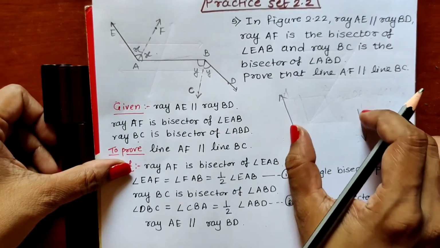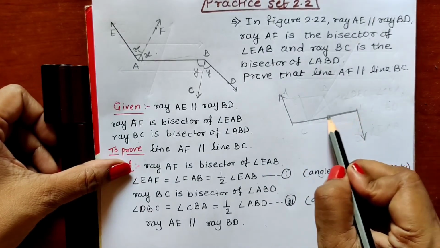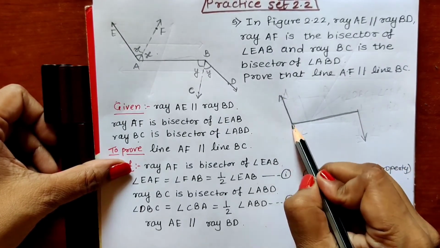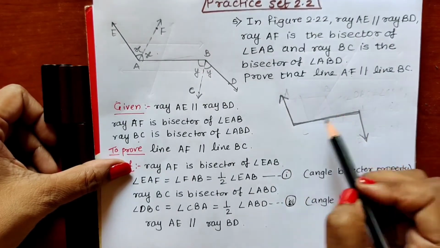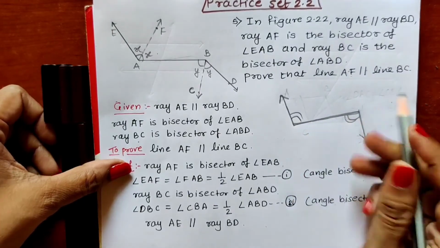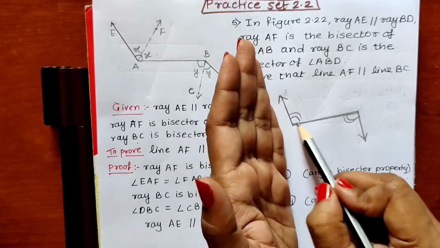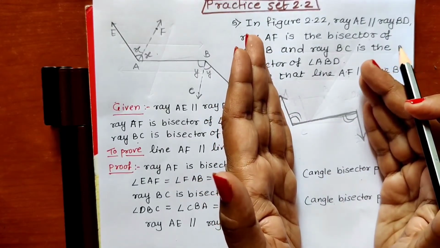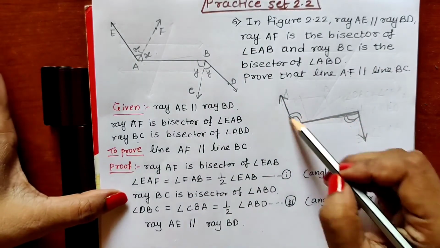Distance between them is equal, and if AB is taken as the transversal, so in this Z shape, always in Z shape we can see these alternate angles. They are inside these two parallel lines and they are on the opposite side of the transversal.